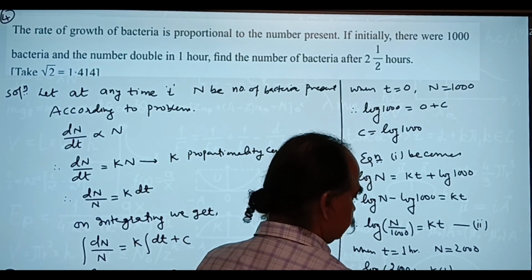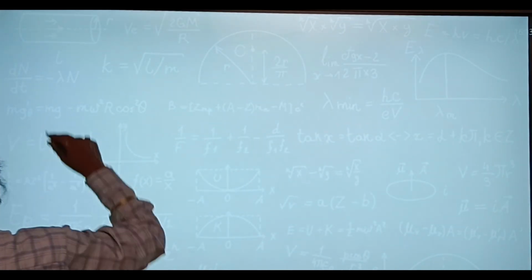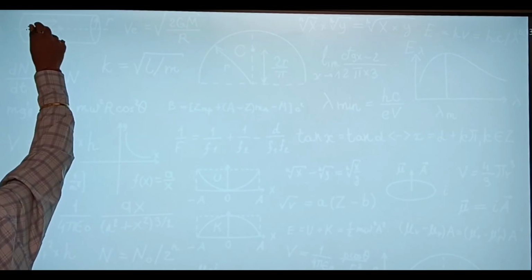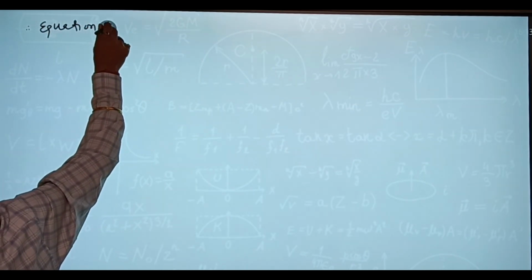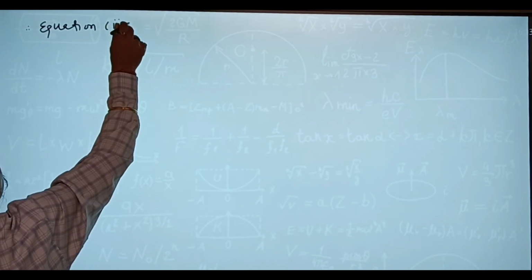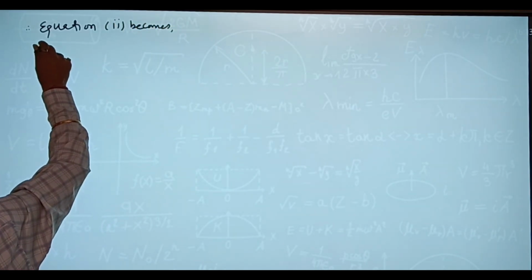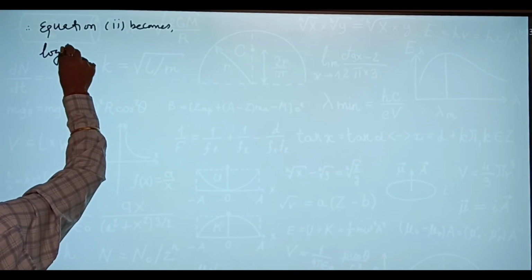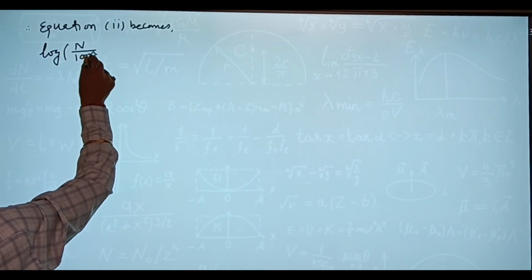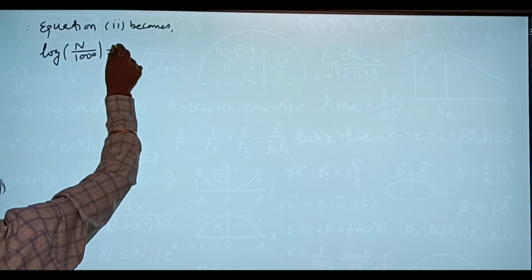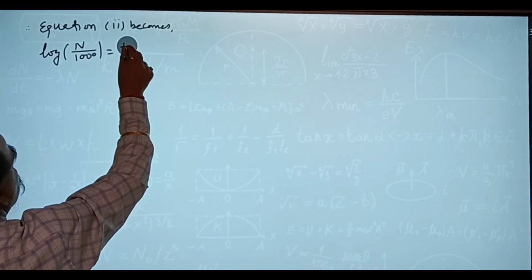Equation 2 becomes log of n upon 1000 is equal to, k is log 2, so t log 2.